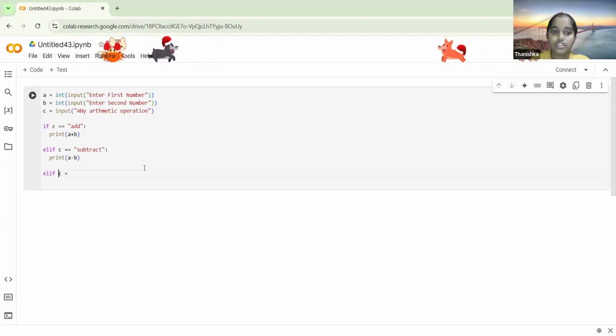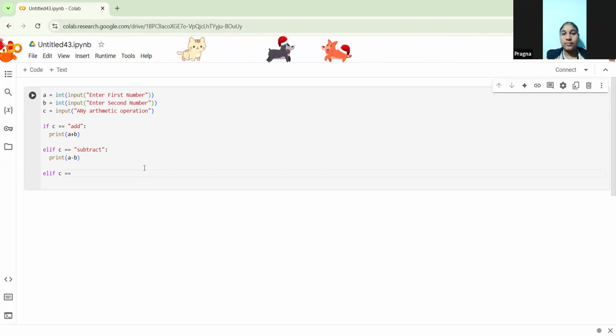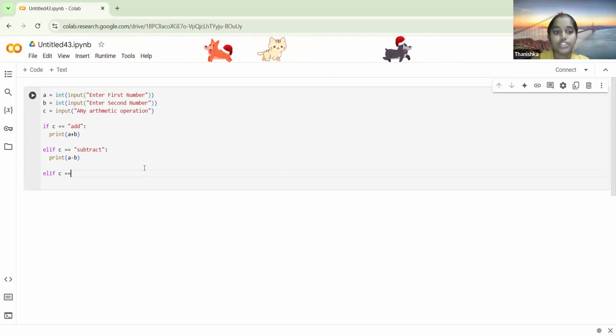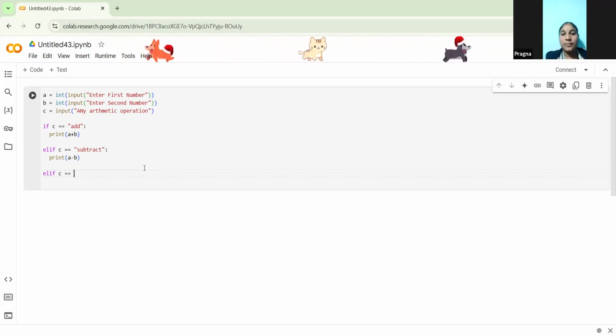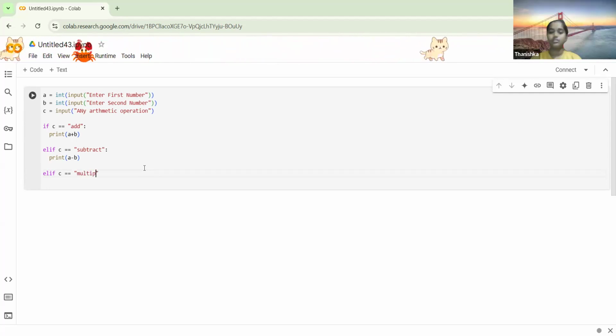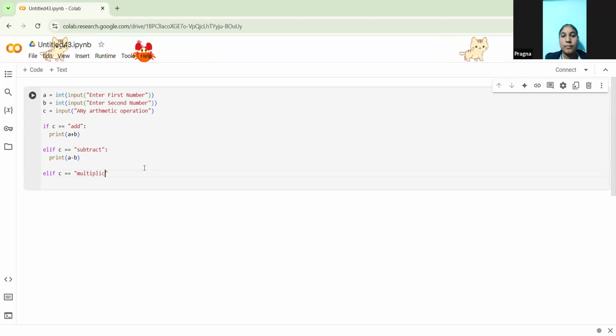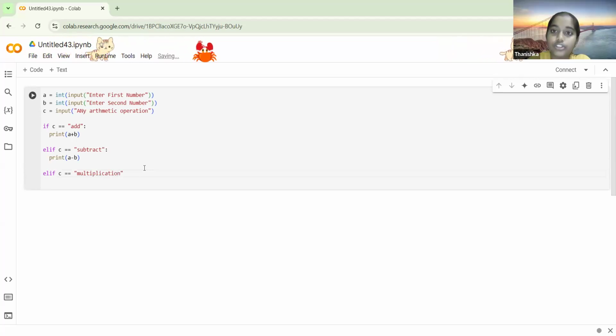C, double equals, then quotation, Multiplication, colon. The colon goes outside the quotation.